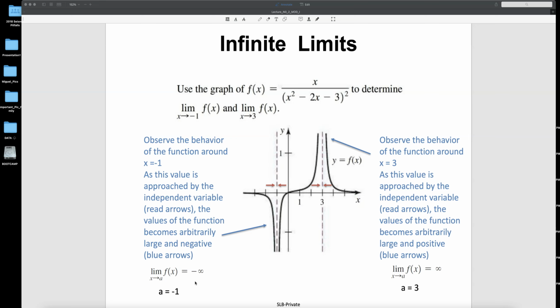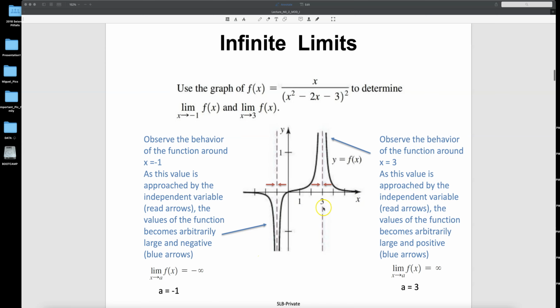So it's not going to settle to some specific number, as we saw in the first parts of this chapter. It's always getting larger, larger, and larger. But from the mathematical point of view, to state that, we say that the limit is equal to -infinity.